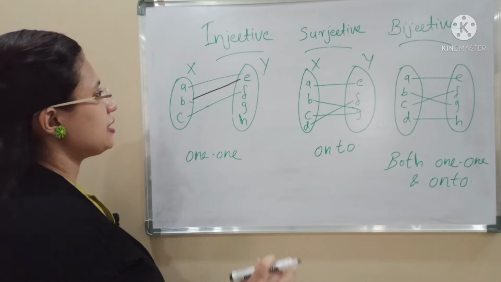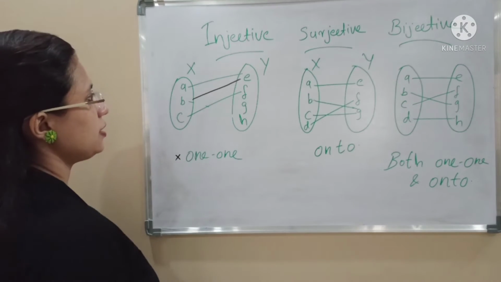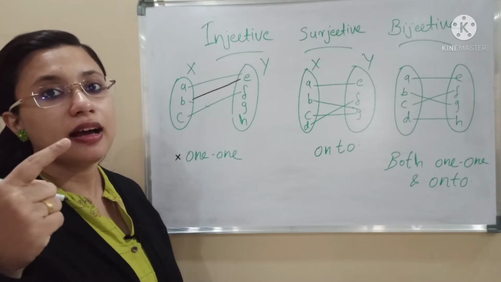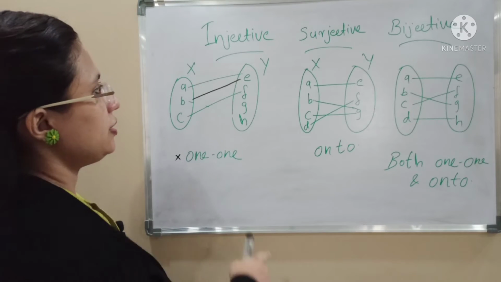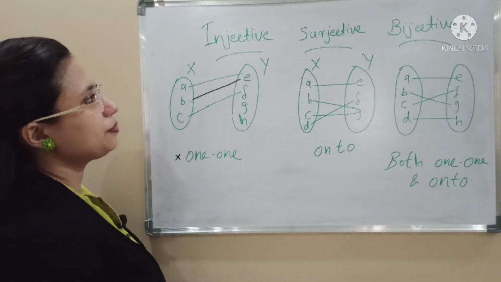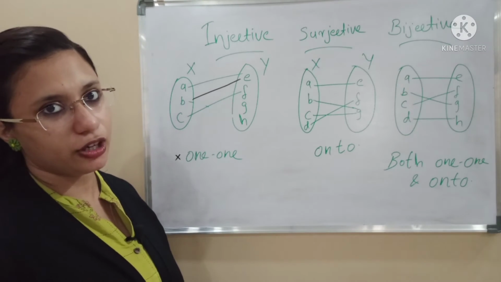No, this is not a 1-to-1 function, because for a 1-to-1 function every element in set X should have a unique image in set Y. So this will not be a 1-to-1 function.